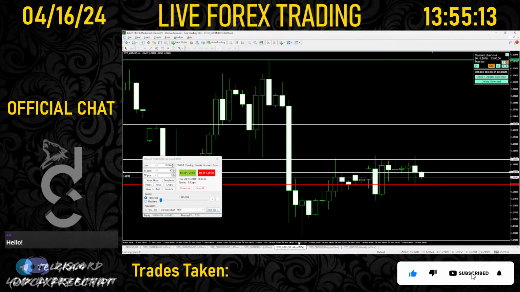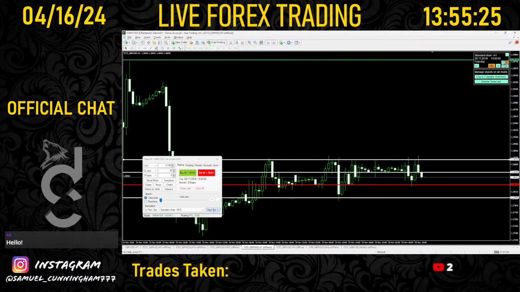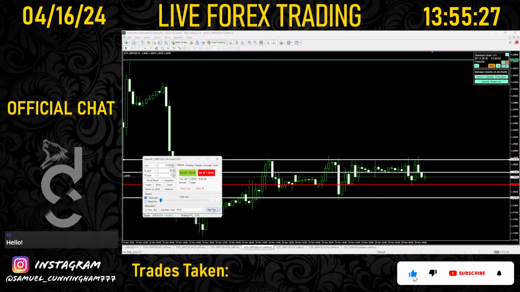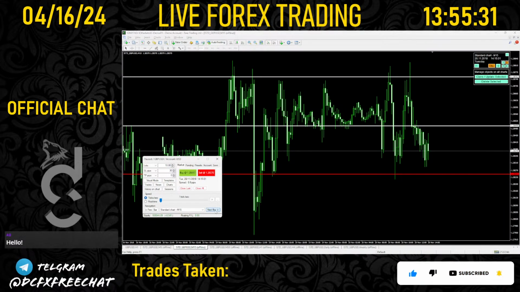H4, lower time frame, have we broken any structure? Not really. Okay, so we'll wait for these lows to get taken out at this red line. Let's see, 15, 30. Yeah, let's just wait.